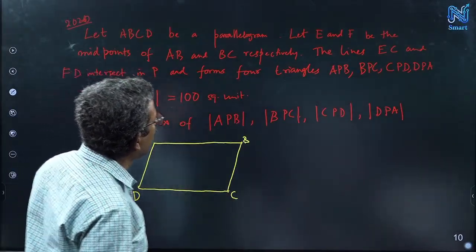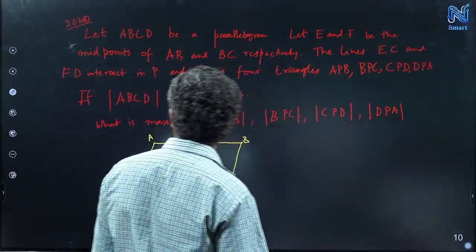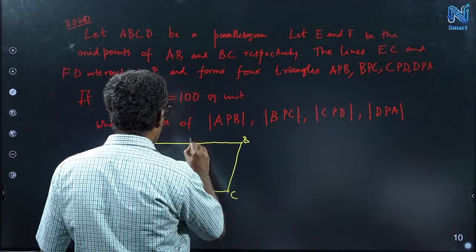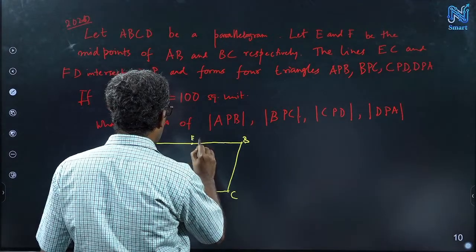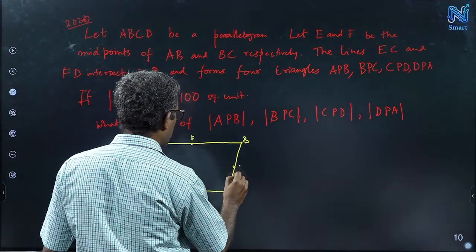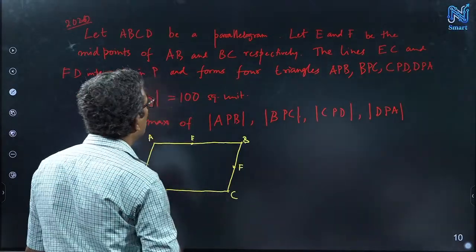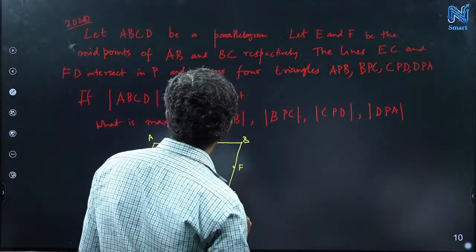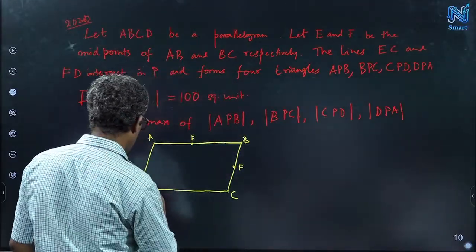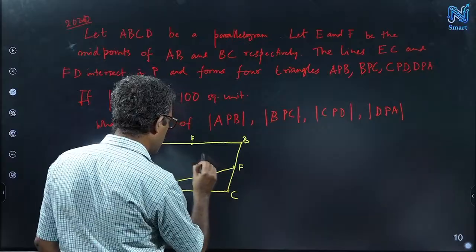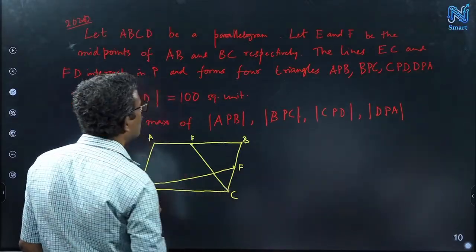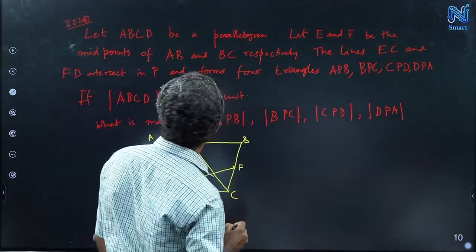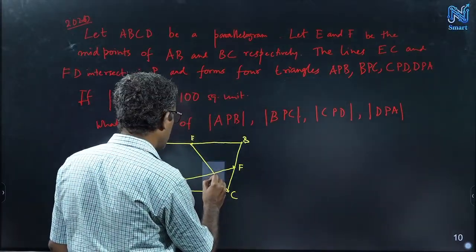And then E and F be the midpoints of AB and BC. Midpoint is E, midpoint is F, right. The lines EC and FD meet at P. This point is P.